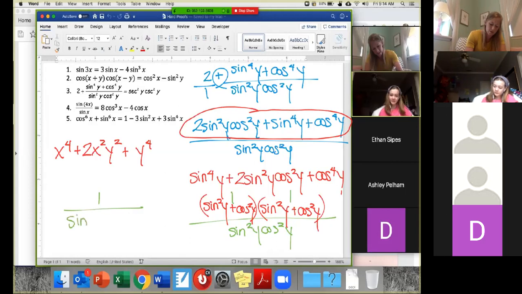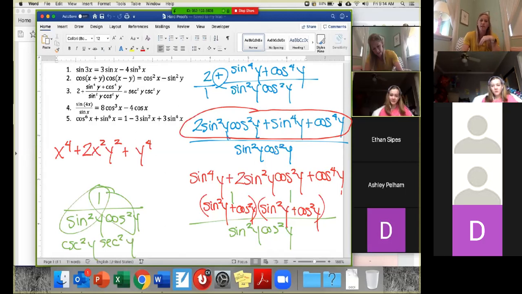So I have 1 over sine squared and cosine squared. 1 over sine squared can turn into secant and cosecant, which is our answer. Nice. All right. Those kind of make sense?